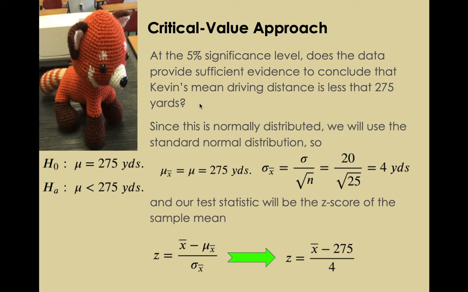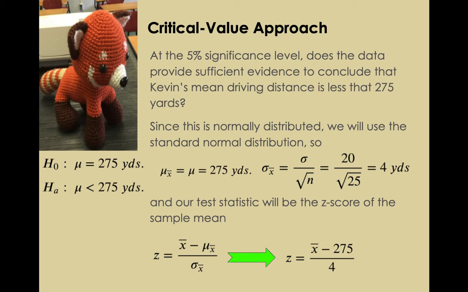Since we're assuming a normal distribution and that we know the population standard deviation, we can find my mu sub x bar and my sigma sub x bar. Mu sub x bar is 275. Sigma sub x bar is sigma over the square root of n, so 20 over the square root of 25 gives me 4 yards.